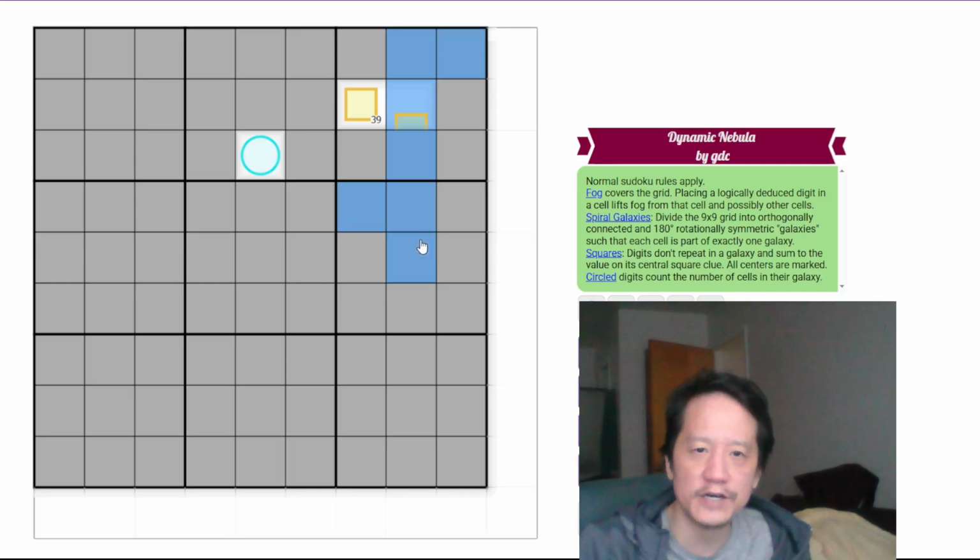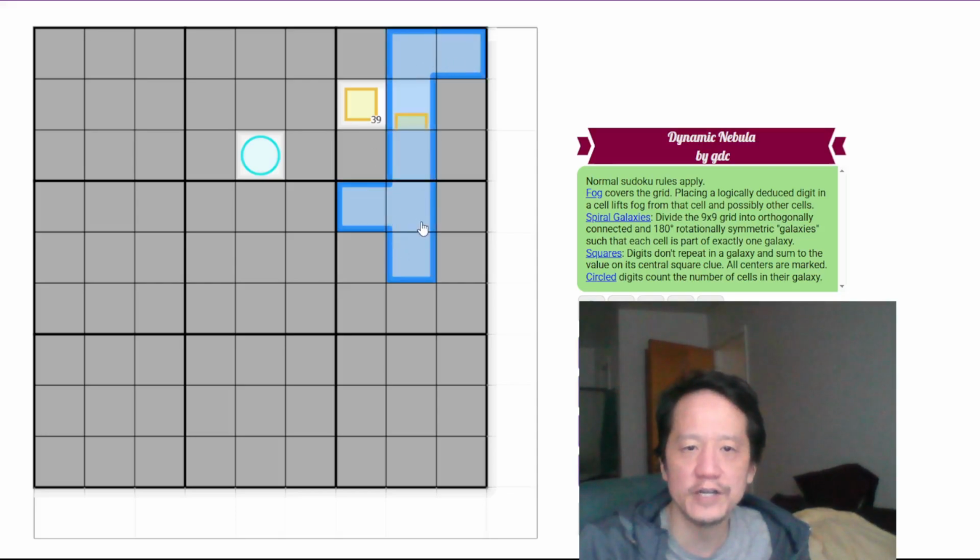This is not 180-degree rotationally symmetric, though, because if you rotated this region 180 degrees, it would not look the same. So galaxies must be rotationally symmetric around their center, and this is the center because the squares are the center.